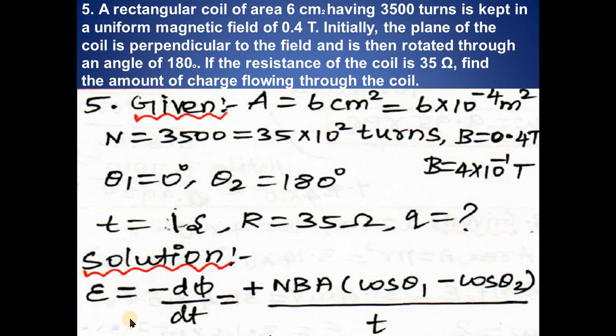Solution: epsilon is equal to minus d phi by dt. Here it is NBA cos theta divided by T. NBA cos theta can be written as cos theta 2 minus cos theta 1. Here we can change the sign, means cos theta 1 minus cos theta 2.